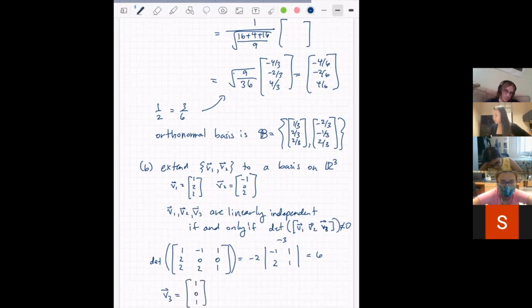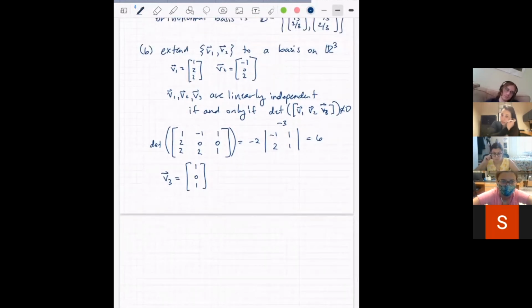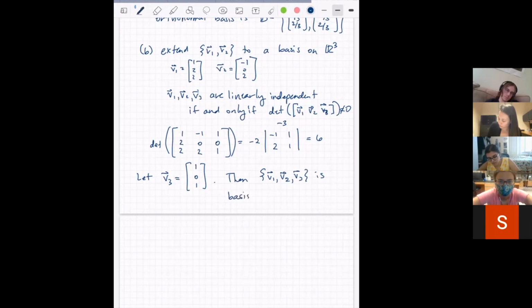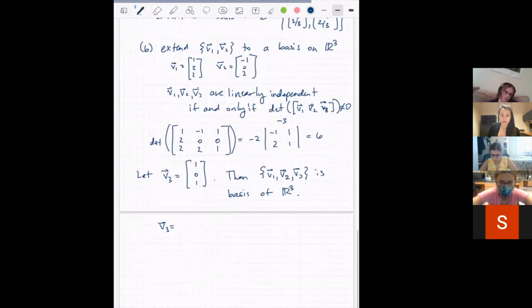If you did this process, you might have found a different vector. That's totally fine. We just needed to find one, right? Okay, so now that we have our basis for R3, this will form a basis. We already have 2 orthonormal vectors, and we just want to add one more. So we're going to do the third step of our Gram-Schmidt decomposition with V3.